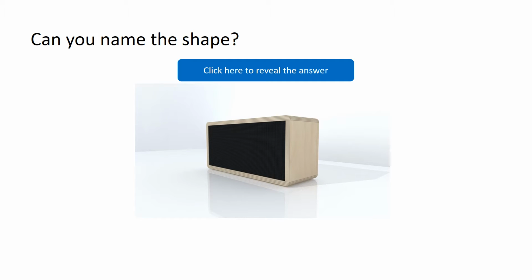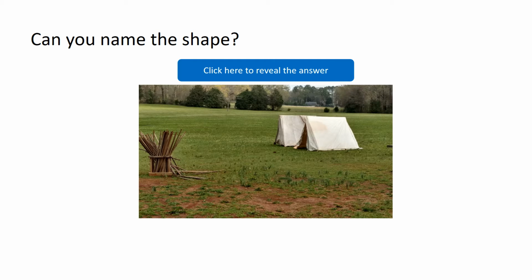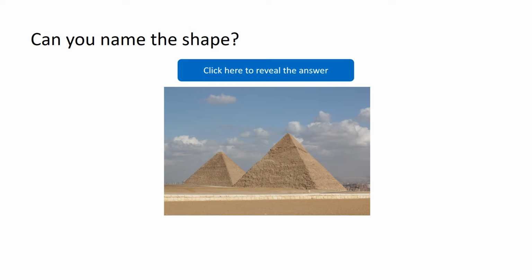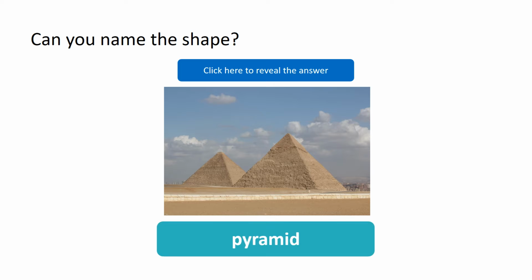What shape is this? It's a cuboid. What shape are these tents? They are triangular prisms. What shape are these? They're a pyramid.